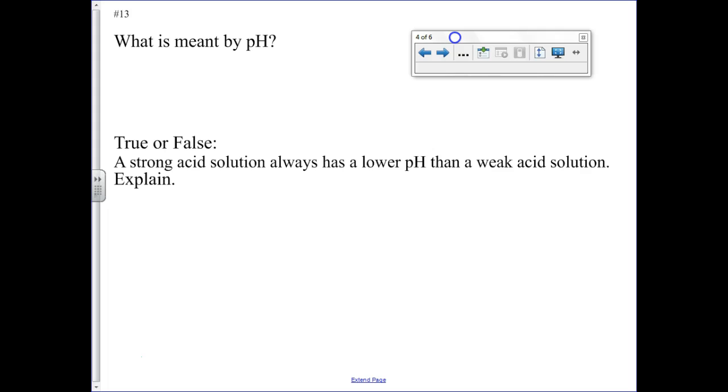It's a logarithmic scale. Does that help? P is for power.